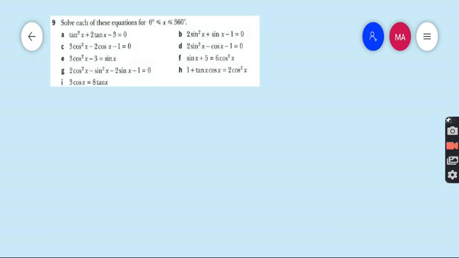What is part E? 3 cos square x minus 3 is equal to sin x.